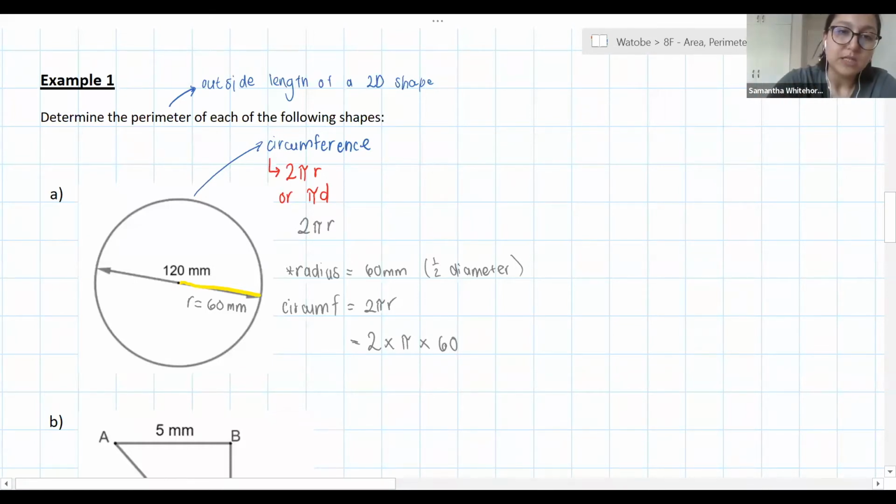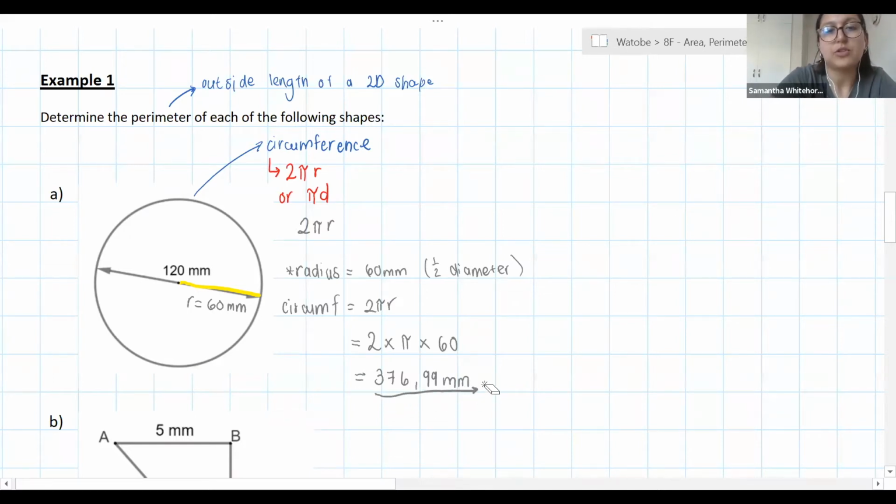If you were with us on Wednesday, remember I said that some of you have been told what number to use for pi, 3,14 or 3,142, or you just use the button on your calculator. It really doesn't matter. You do what you've been told to do. But either way, when we type 2 times pi times 60 on our calculator, we're going to get a circumference length of 376,99 millimeters.